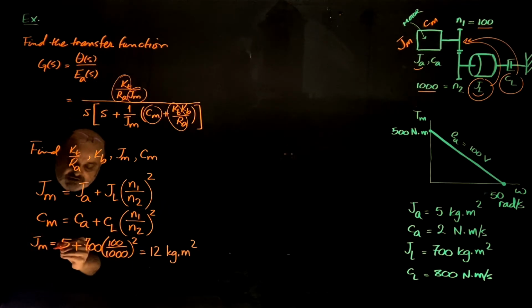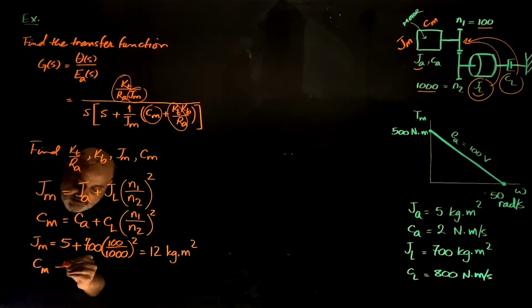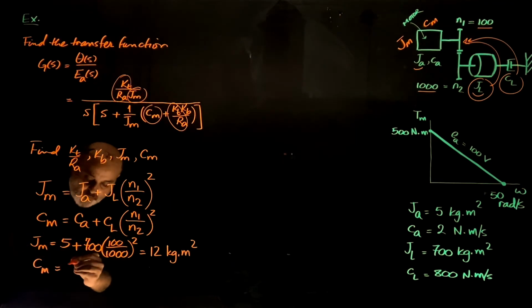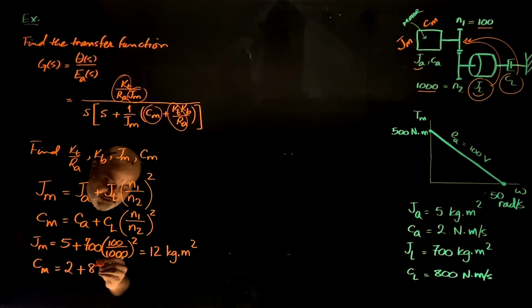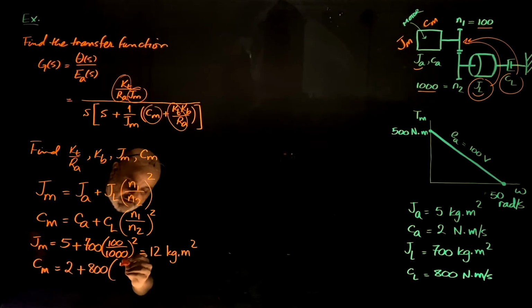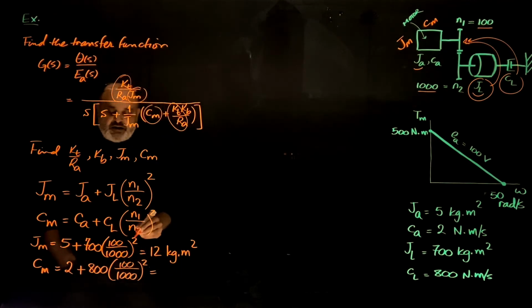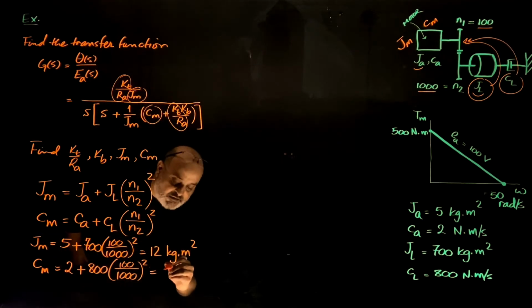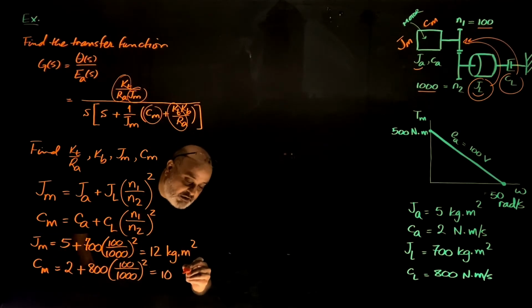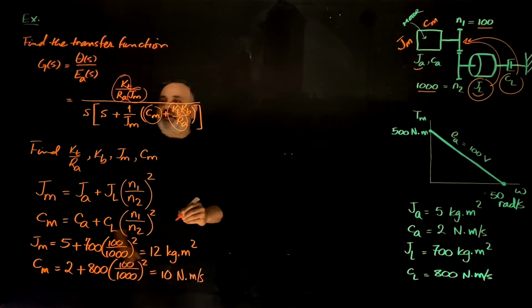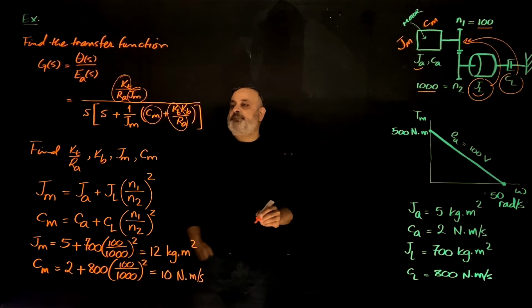And for the damping, Cm, the armature damping is 2, the load damping is 800 times 100 divided by 1000 all squared, and that would be 10 Newton meter per second. So now I have these two quantities.